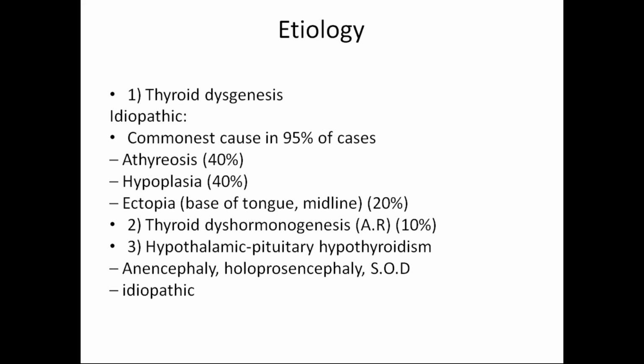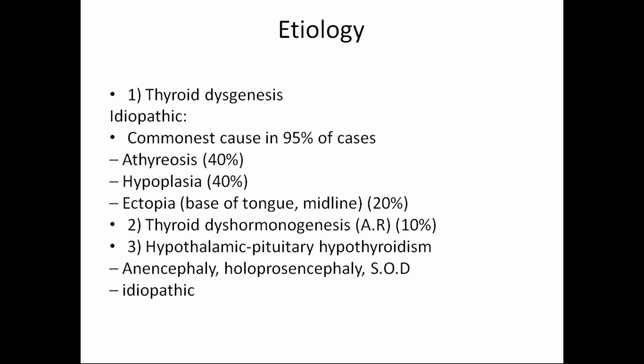Okay, the commonest cause, in 95% of the cases, is dysgenesis. There won't be any thyroid, like athyroidosis, in 40%, and hypoplasia: the thyroid gland will be there, but it's very small and insignificant in existence. And ectopic thyroid also comes under dysgenesis. This is important, remember, ectopic comes in dysgenesis.